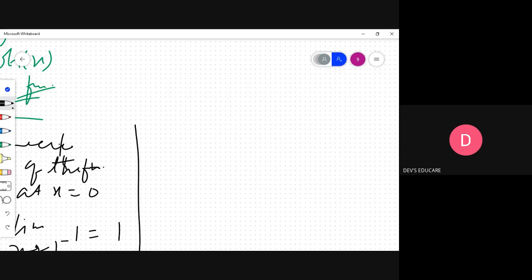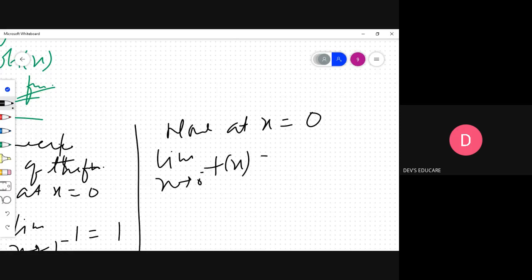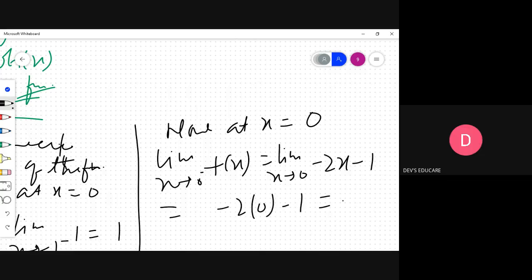Now at x equals 0, the limit as x tends to 0 minus of f(x) equals the limit as x tends to 0 minus. For x less than 0, between minus 1 and 0, the value of the function is minus 2x minus 1. So this will become minus 2 times 0 minus 1, which is minus 1.